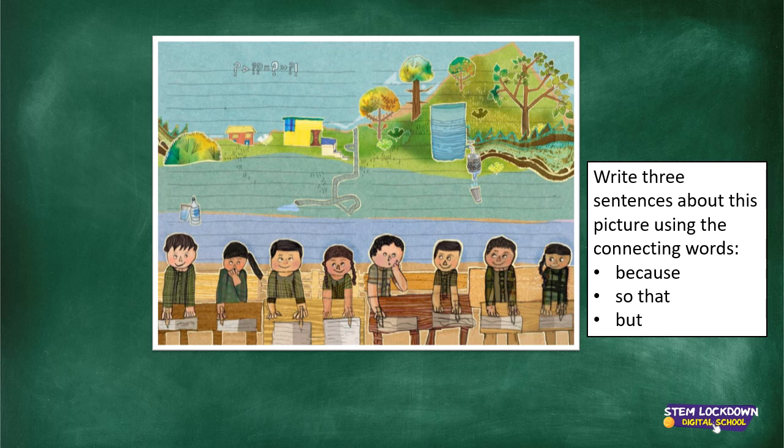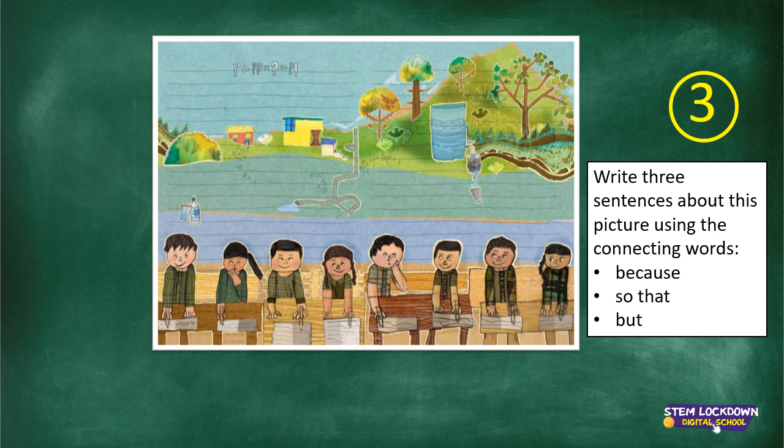I can only give you some examples, and you're going to have to work out whether you think yours is right. There'll be 3 marks for this. For because, you could write anything, but I could say the children are brainstorming because they need to find a way to purify their water.